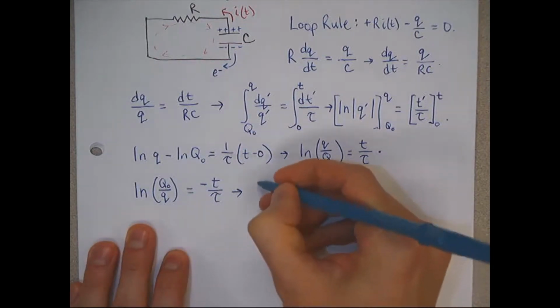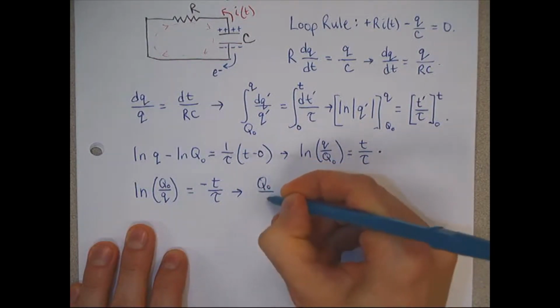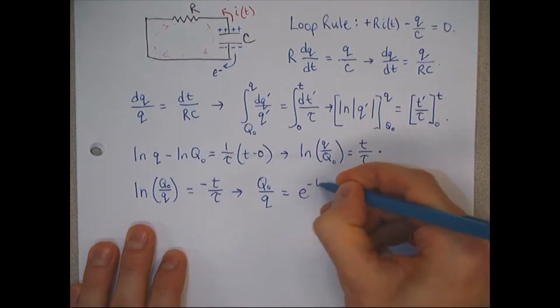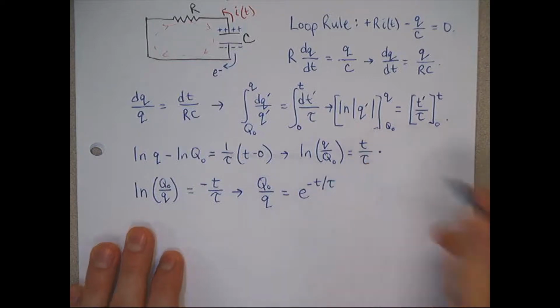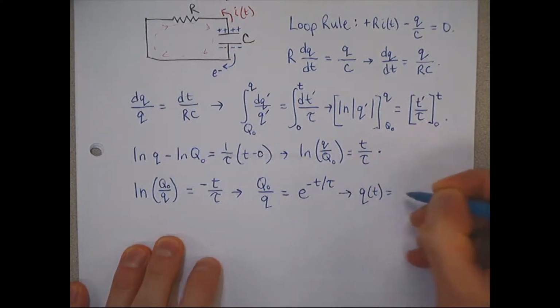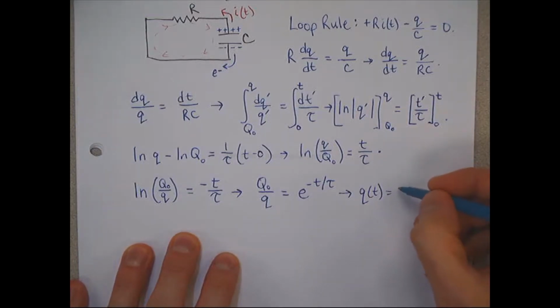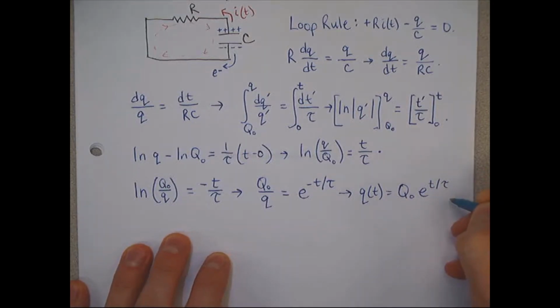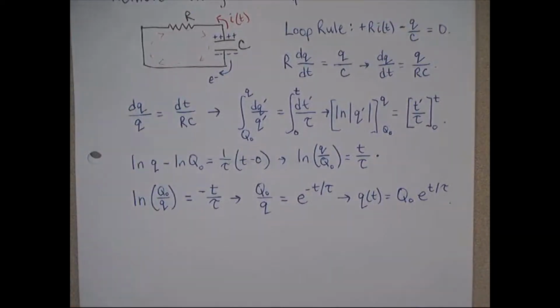Then we'll undo the log. We have Q0 over Q is e to the minus t over tau. Or Q of t is Q0 e to the plus t over tau, and I have a serious problem.